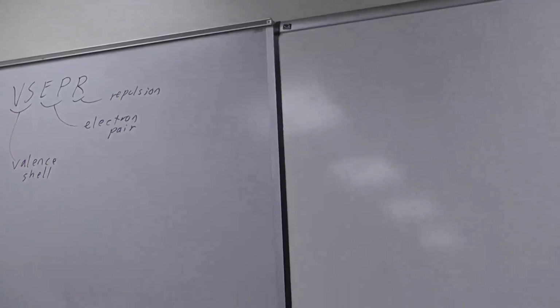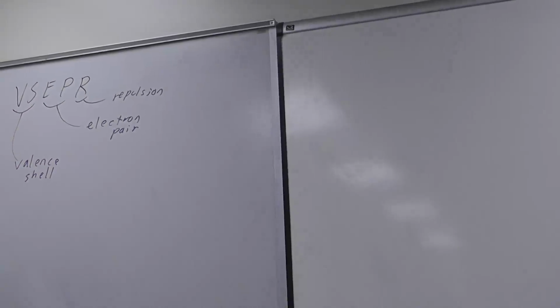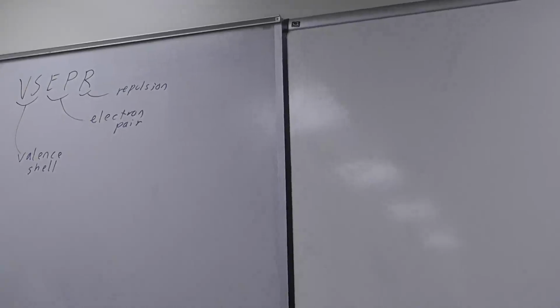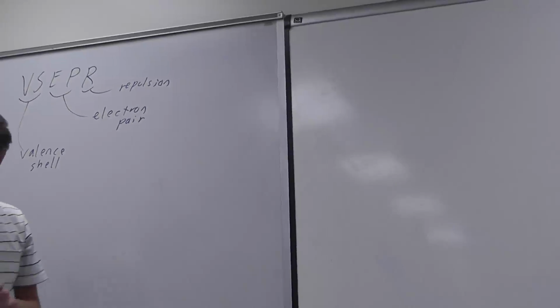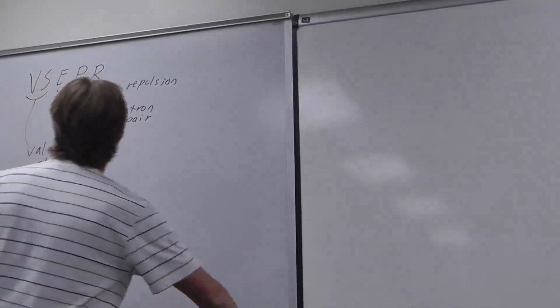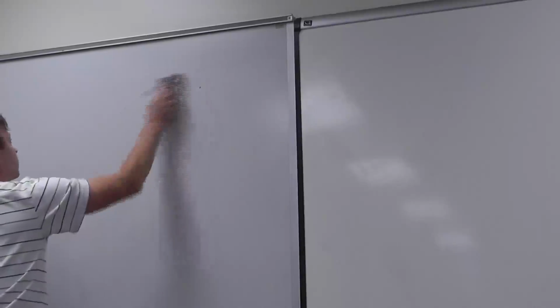Now, how to apply these things is important. And so to start with, a couple more pages back, you've got some more boxes for Lewis structures. And what I'm going to do is put a bunch of these up here on the board. And you can copy them into the little squares here. But when you do that, copy them in small. Because what we're going to do is have a structure in there, and then we're going to go through and talk about all these properties, and you'll be writing a lot of information in there too.